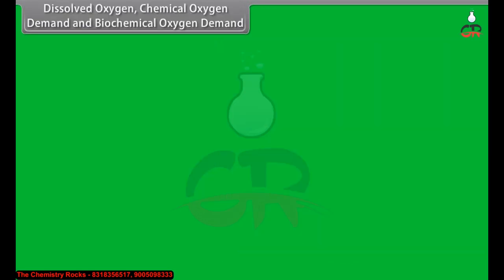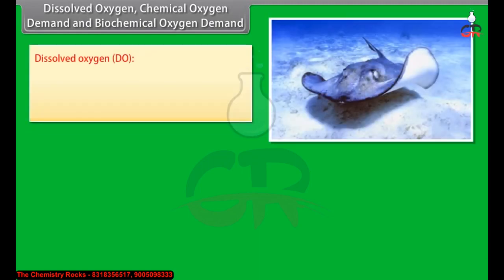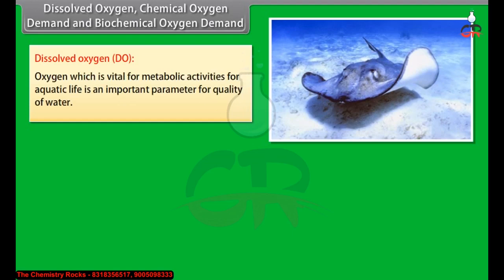Dissolved oxygen, chemical oxygen demand and biochemical oxygen demand. Dissolved oxygen. Oxygen, which is vital for metabolic activities of aquatic life, is an important parameter for quality of water. For example, drinking water contains 4 to 6 mg of dissolved oxygen per liter.